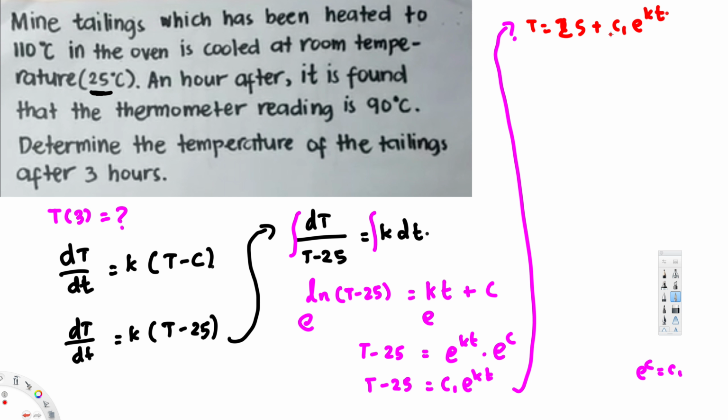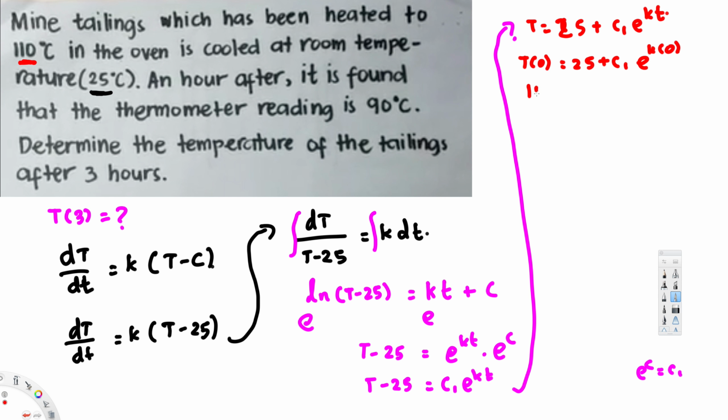Now let's see whether we can find any other information using the given information. And here we have an initial condition given. So this is when temperature at time 0, that is equal to 25 plus c1, because when time is 0, e power 0 is 1, and we know that the temperature at time 0 is 110 degrees Celsius.